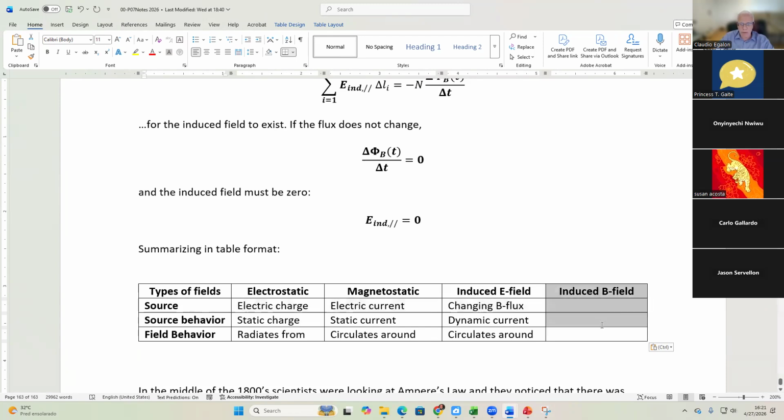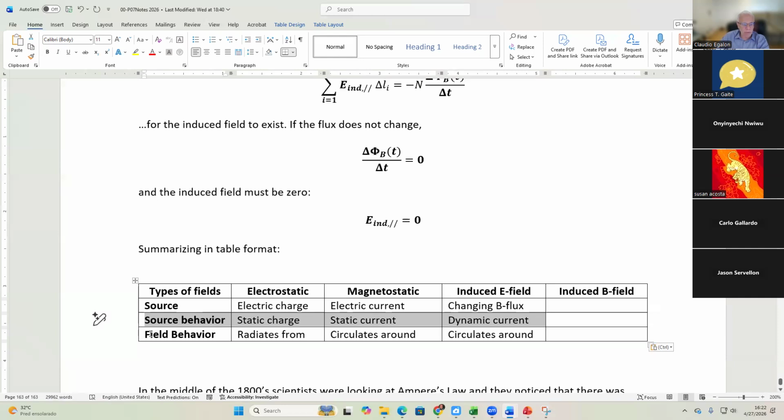Notice that I put another column here in blank. By the way, scientists were looking at that back in the 1800s. Source behavior: static charge, static current, dynamic current, because in order to have a change in the magnetic flux, the current must be changing.